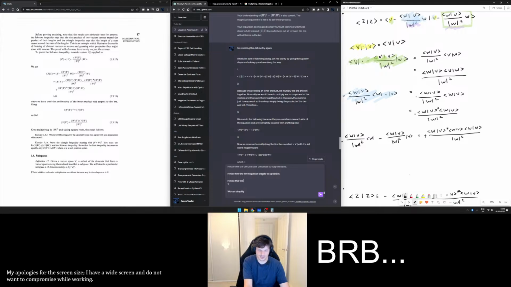Notice that the W2 becomes a W4 because in this aspect we are multiplying that bottom component with... No, we're not.